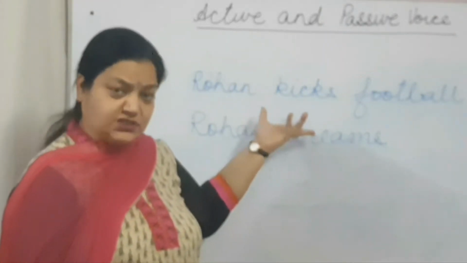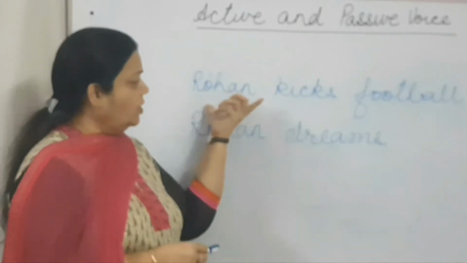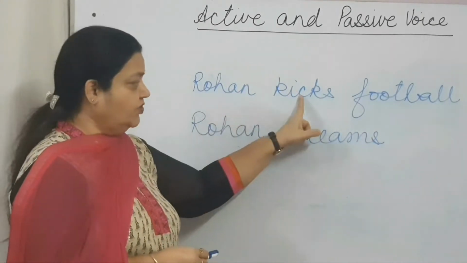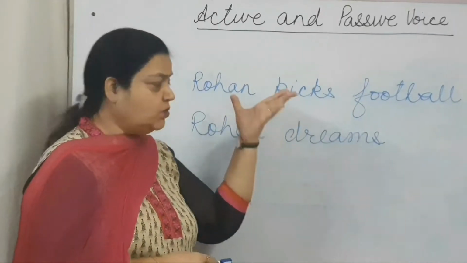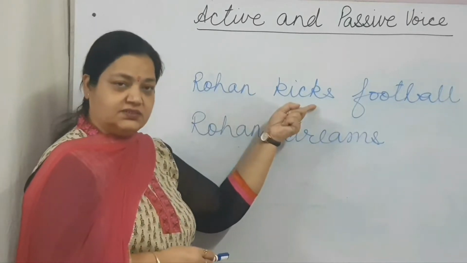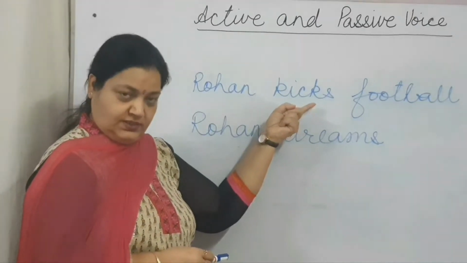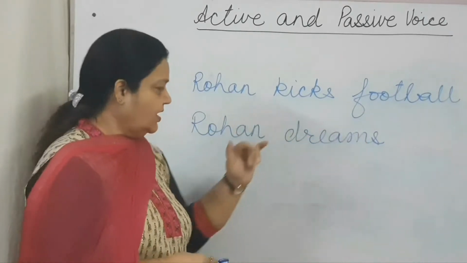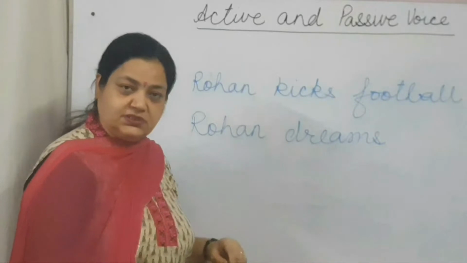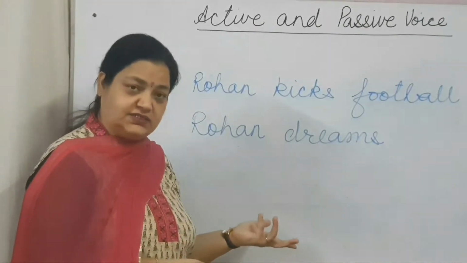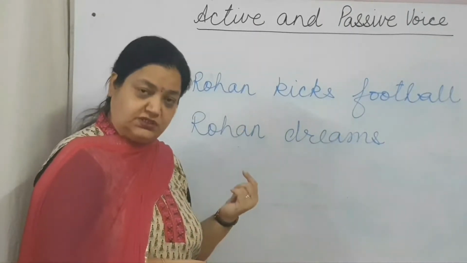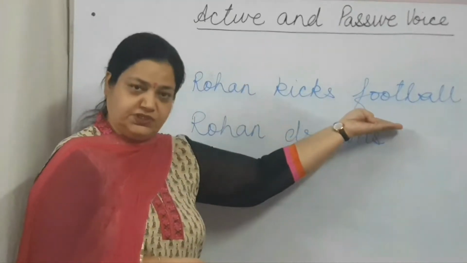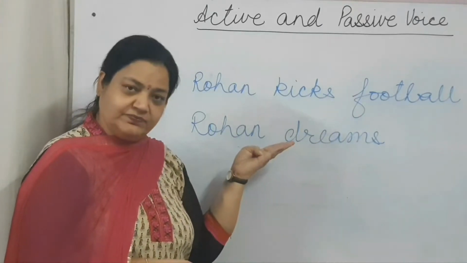Now when I take the first sentence, Rohan kicks, it is subject, verb and object. If I take only this much, Rohan kicks, it is incomplete. Kicks what? Kicks an object, football. Then Rohan dreams is a complete sentence. It doesn't require an object to complete its meaning, whereas the first sentence needed an object to complete its meaning.